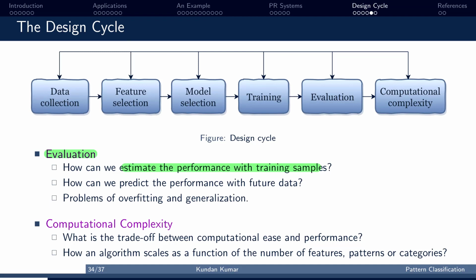If our model is performing well on the unseen data samples, then we can say that our model is generalized. In the evaluation, we find the problems of overfitting and generalization, whether our model is overfitted or generalized. That means it works on unseen data or only performs well on the training data set.